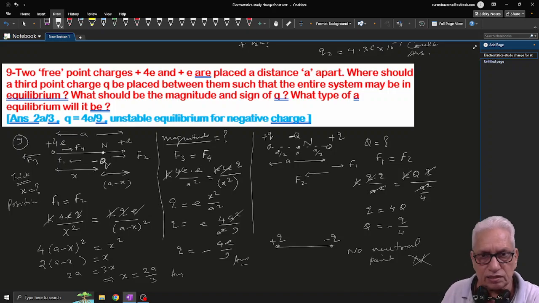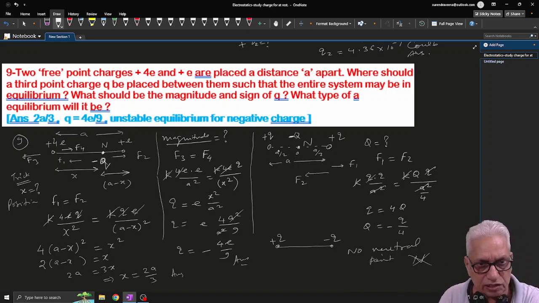In this question, asking whether this equilibrium is stable or unstable. Stable means if we disturb the center charge a little bit and it regains the original position; if it keeps getting disturbed permanently, it is called unstable. So here if we disturb towards right, shift a little bit towards right, then this force will be more than this. So this charge will go and hit the charge.